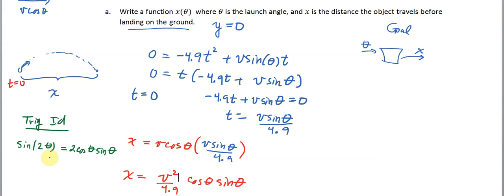Okay? And since this is true, we can rearrange it a little bit, and we can say that sine of 2 theta over 2 is equal to cosine times sine. And that's going to help us here because we're going to replace this part with sine 2 theta over 2.